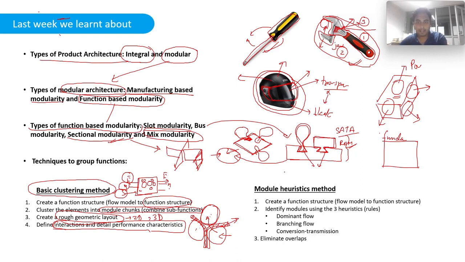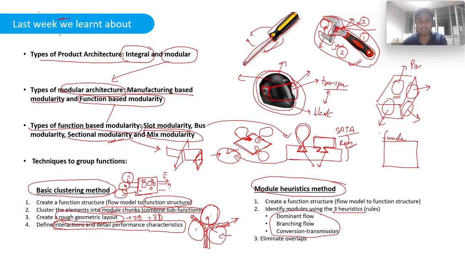The other way of grouping functions is using the heuristic method. The heuristic method is very similar to the clustering method, but here we use predefined rules, and we do not have to consider a lot of understanding of the system functionalities.